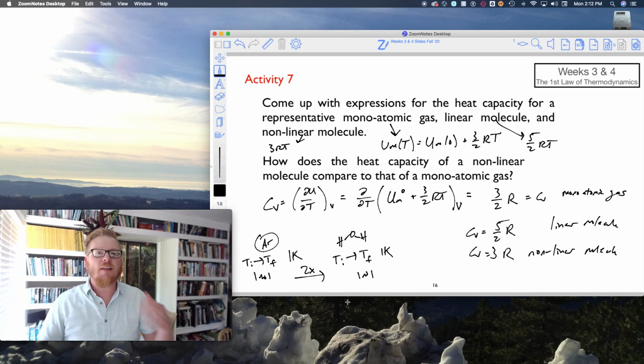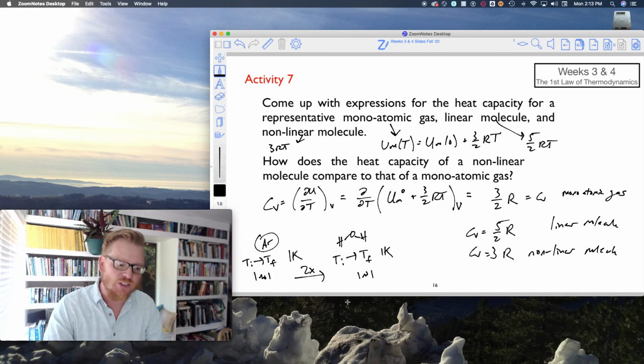Because the nonlinear molecule has more degrees of freedom that heat has to be pumped into to actually get a temperature rise, okay? So now we're starting to learn about the secrets of the universe. And let's even keep going with this.